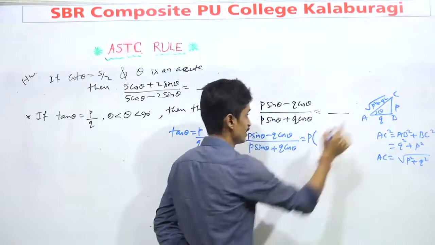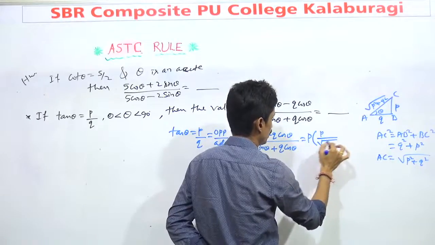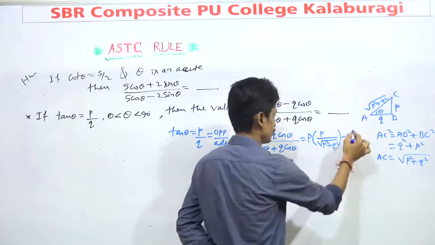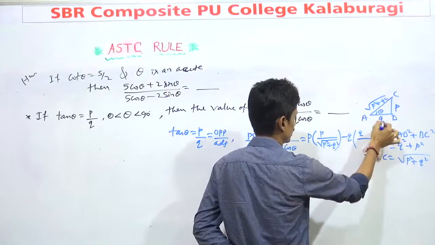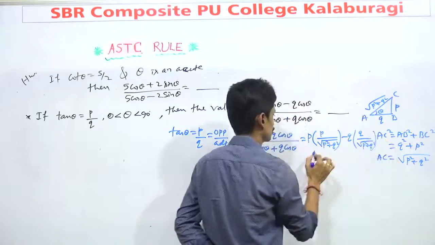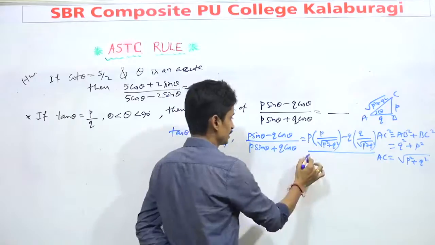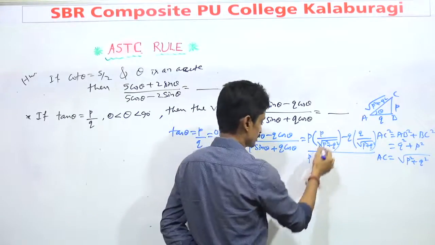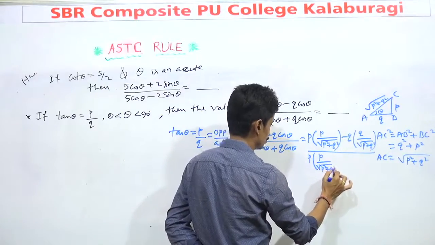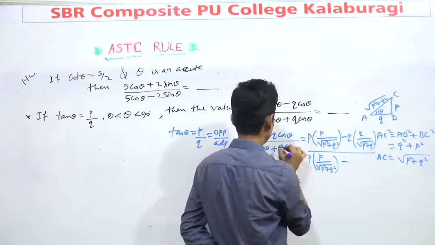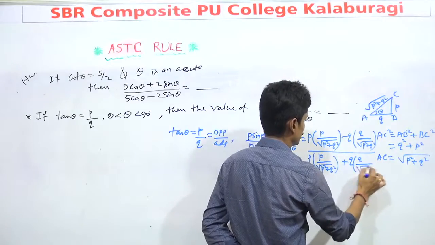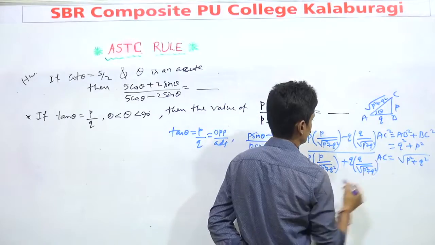Opposite side is p, so sin theta is p divided by root of p square plus q square. Cos theta is adjacent by hypotenuse, that is q divided by root of p square plus q square. So the expression becomes p times p over root of p square plus q square, minus q times q over root of p square plus q square, whole divided by p times p over root of p square plus q square, plus q times q over root of p square plus q square.